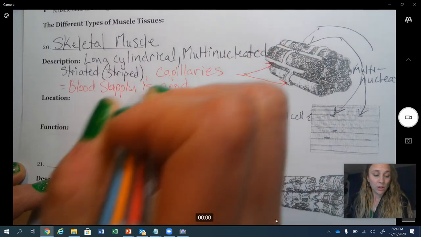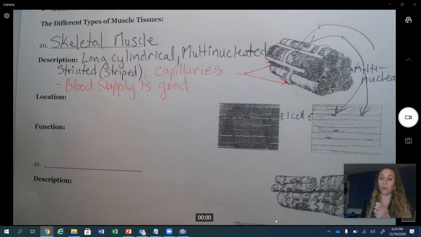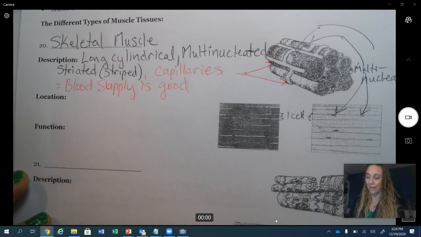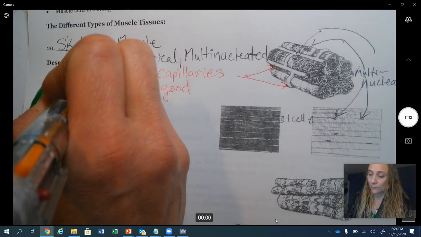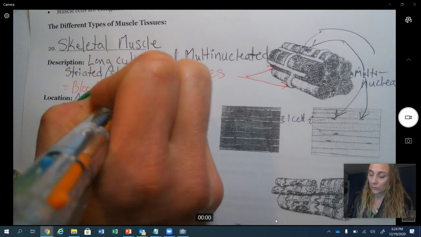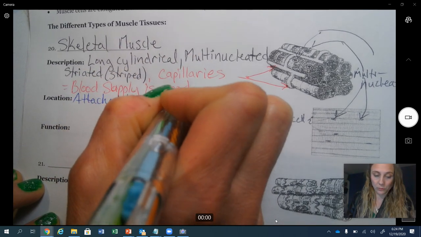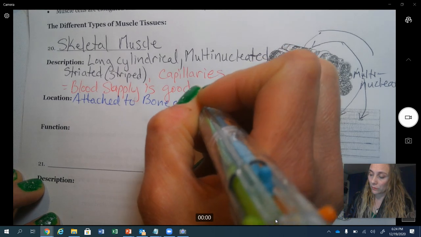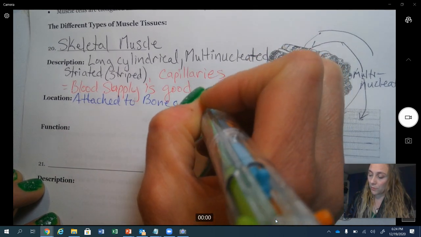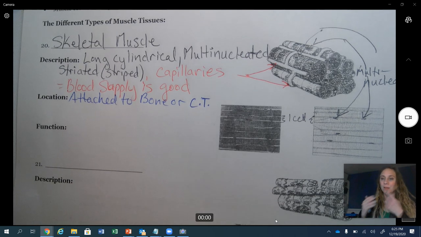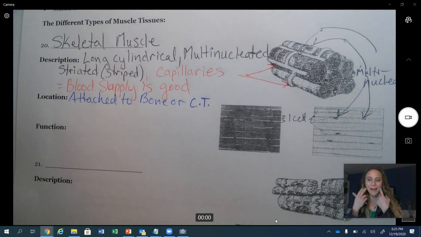Okay, its location. It's going to be attached to bone or other connective tissue. A lot of times, like if it's your mouth that's smiling, the muscle that's attached to the corners of your mouth is attached to the connective tissue of the skin, and they originate from maybe your zygomatic bone, or your other jaw bones in your face.